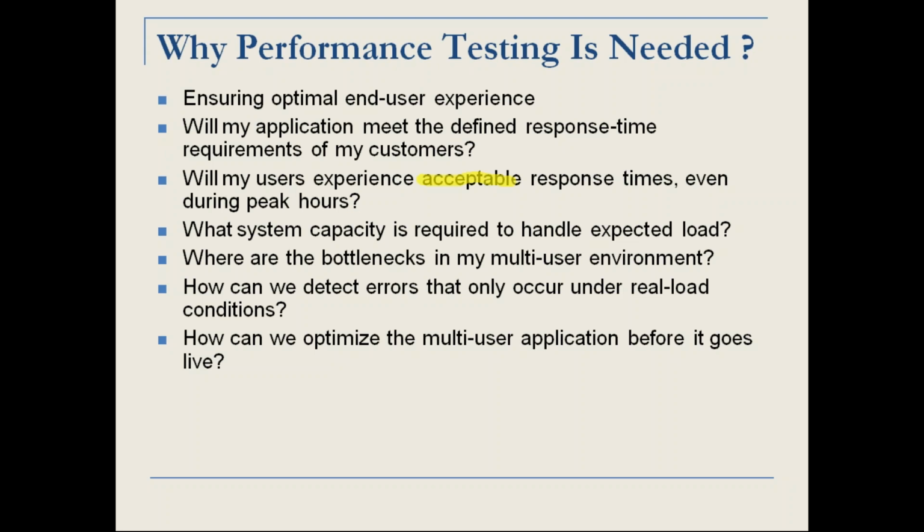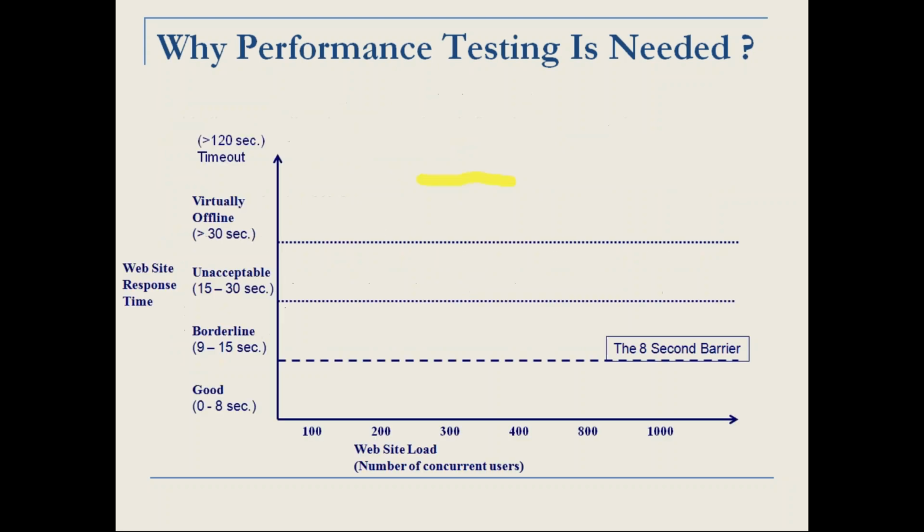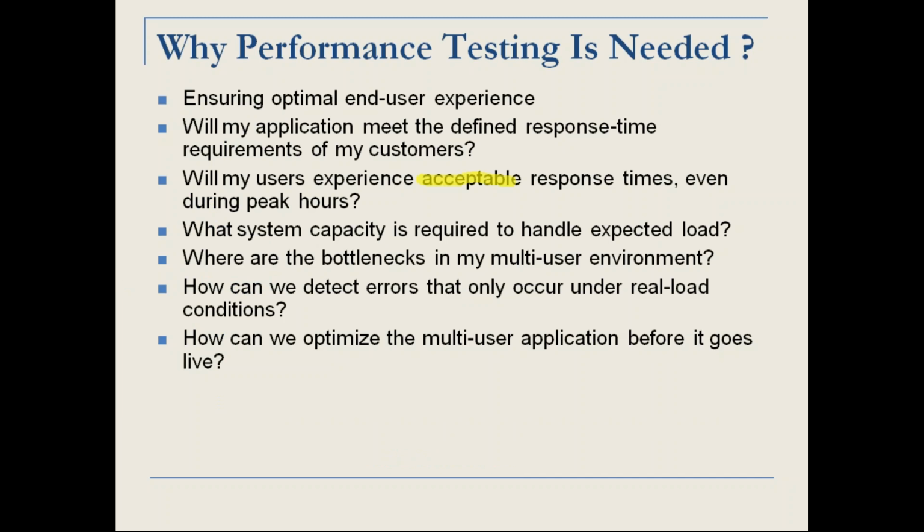If I give out a report, then the application development team, infrastructure team, architects and all would sit and fix those problems and optimize the application, so that response times are good, system capacities are good, and the application is sustaining the load and performing well. So all these are the different aspects of why we do performance testing.